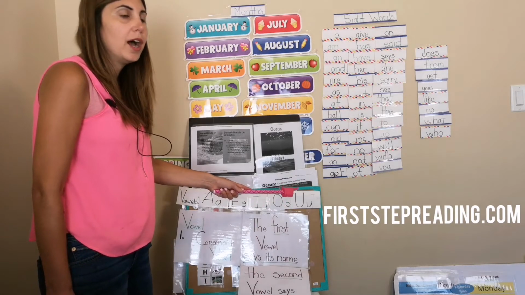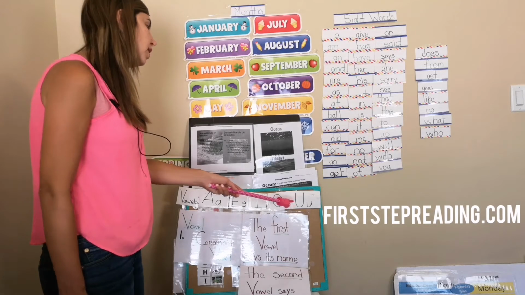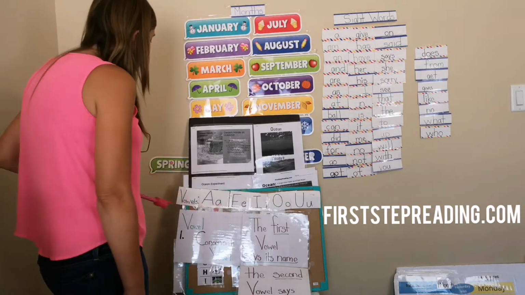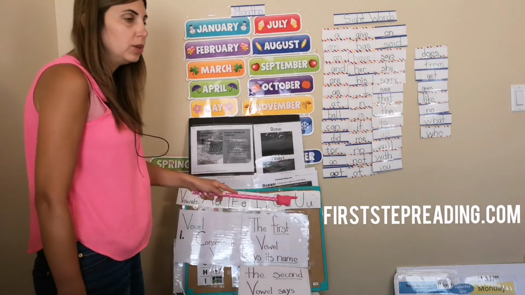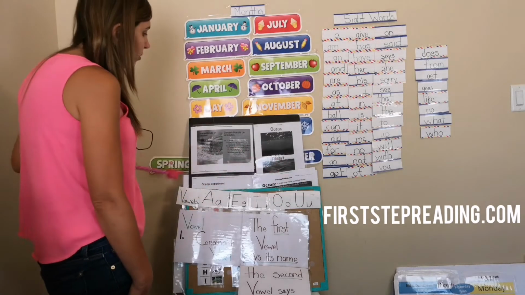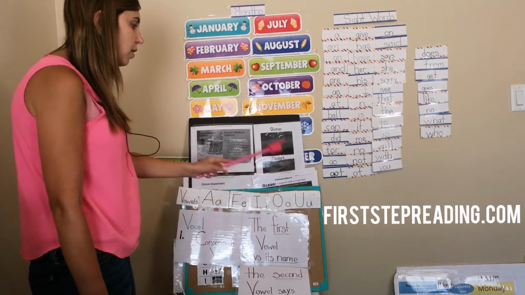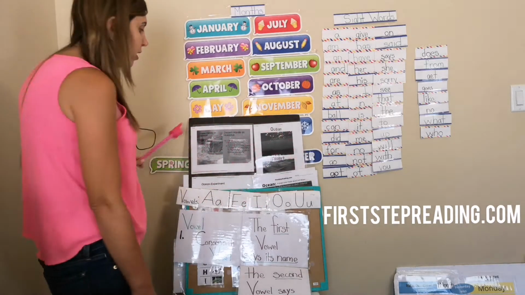U is a vowel, a vowel, a vowel. U is a vowel, A-E-I-O-U. Those are our vowels, our vowels, our vowels. Those are our vowels.